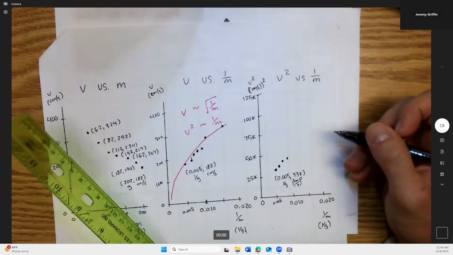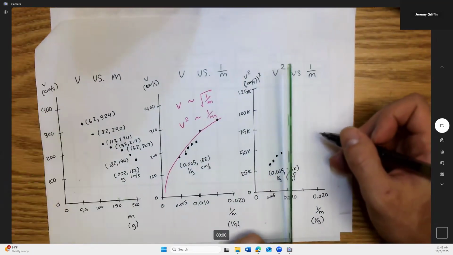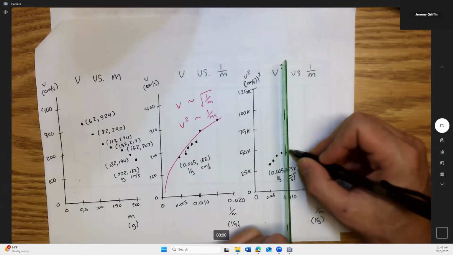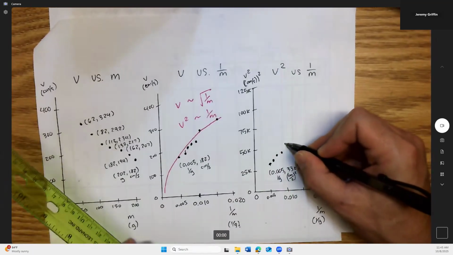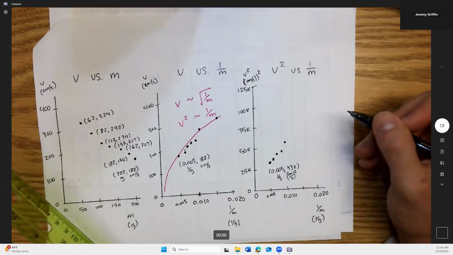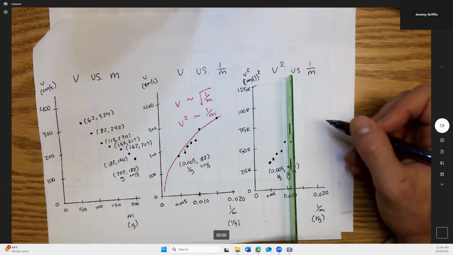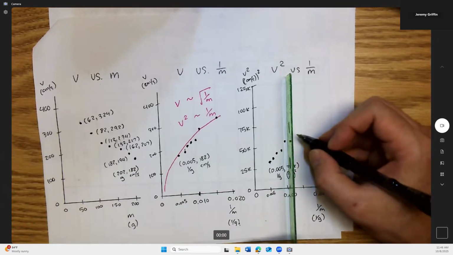Next point. 0.009 and 60,000. Next point. 0.012 and 85,600.